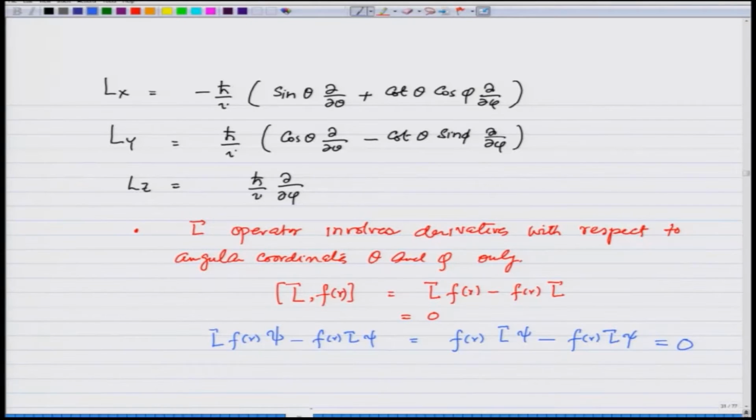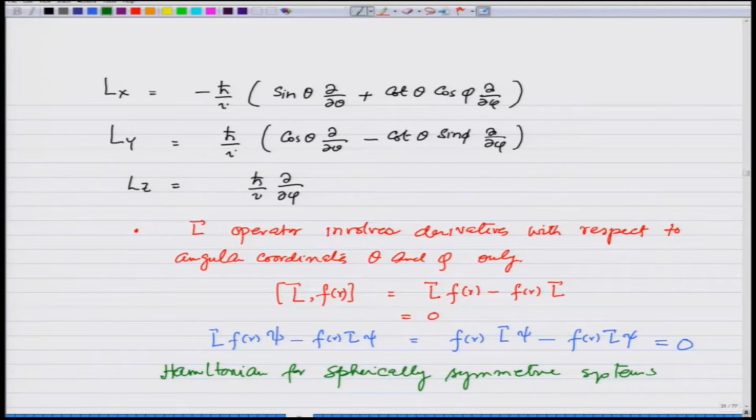In particular now, if I take the Hamiltonian for spherically symmetric systems and calculate its commutator with L, it will turn out to be 0.